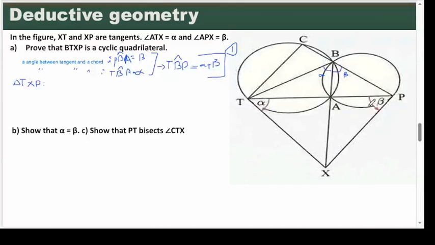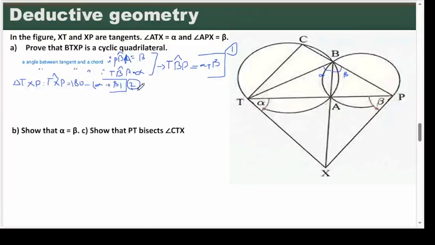I have alpha and beta, two angles of this triangle, so I only have to find the angle TXP. Angle TXP equals 180 minus alpha minus beta. So I factor the negative sign, so I write minus open bracket alpha plus beta. It's step two.